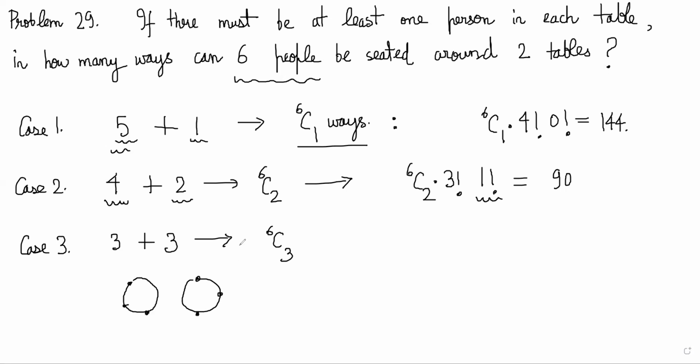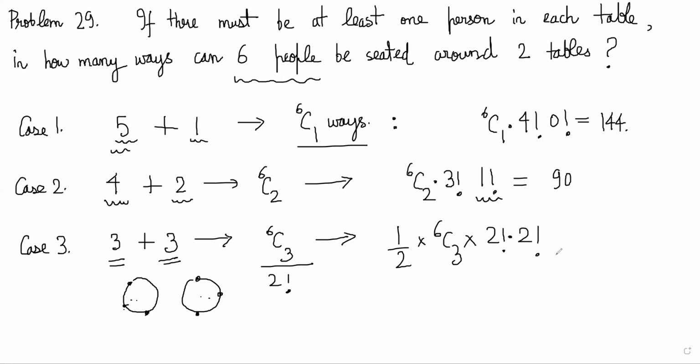So the actual number of ways will be half, because we can arrange the 2 tables amongst themselves, as they have equal people in this group. Since there are 2 groups with an equal number of people, we can arrange the 2 groups in 2 factorial ways, so we have to divide by that, because those will not be distinct. So this comes out to be half into 6C3, and then you have to do 2 factorial into 2 factorial to arrange the people on the tables.